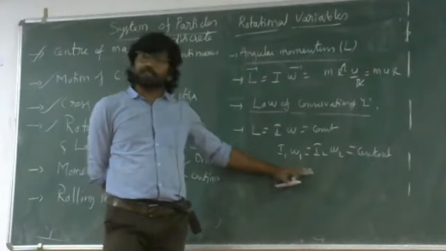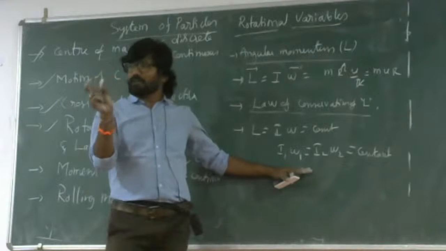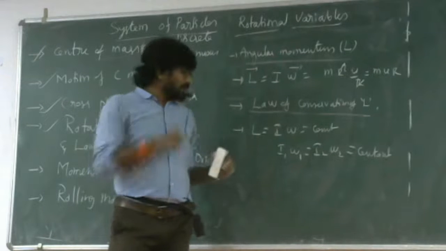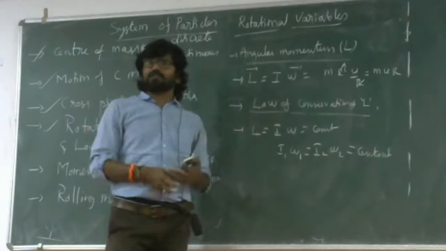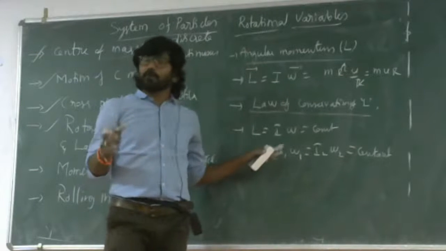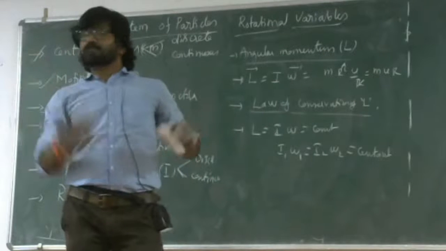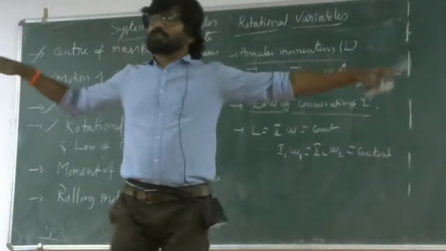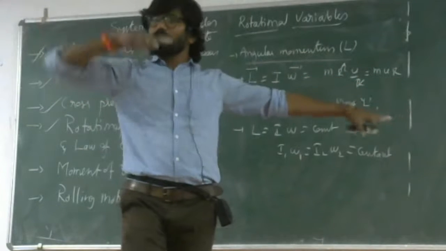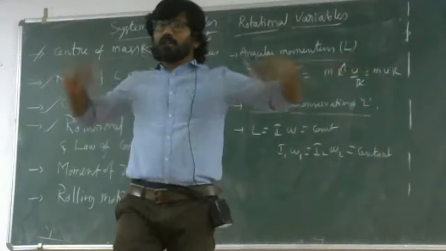Many times the questions are asked based on the law of conservation of angular momentum. There are some applications to remember conceptually. If you are stretching your hands and rotating about the line passing through the center of your body, your mass is distributed throughout your stretched hands.